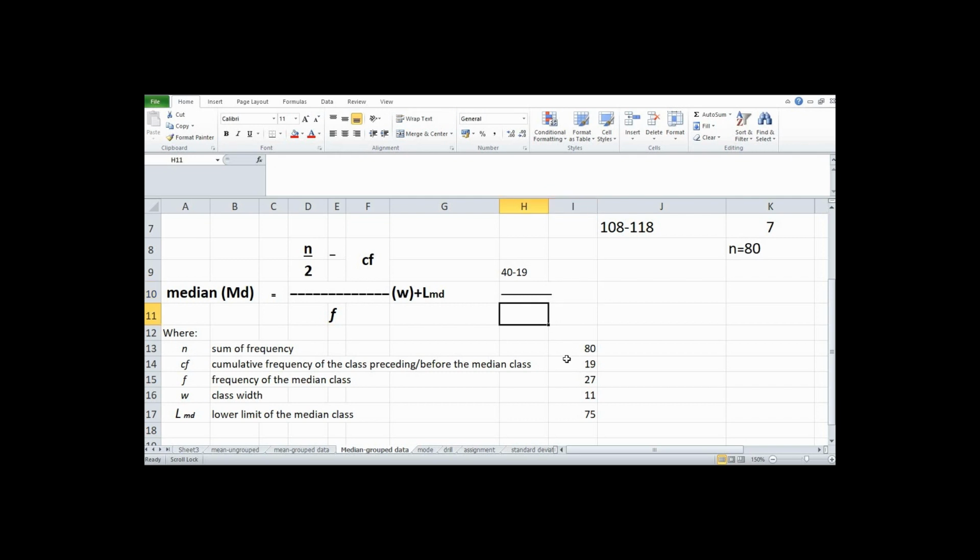Divided by F, that is 27. Times W, which has the value of 11.